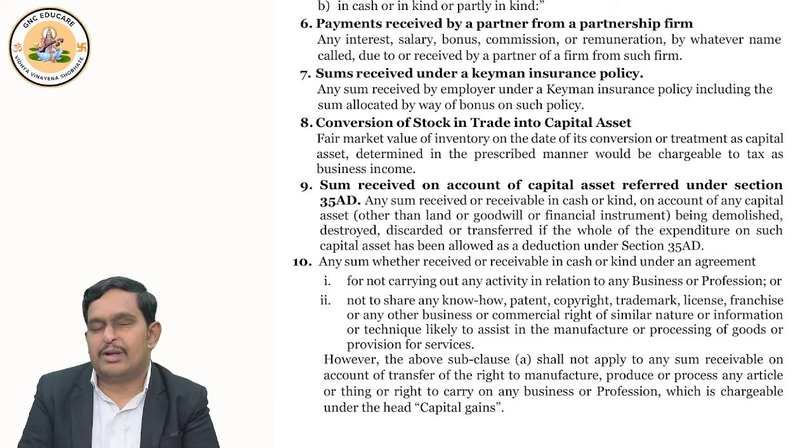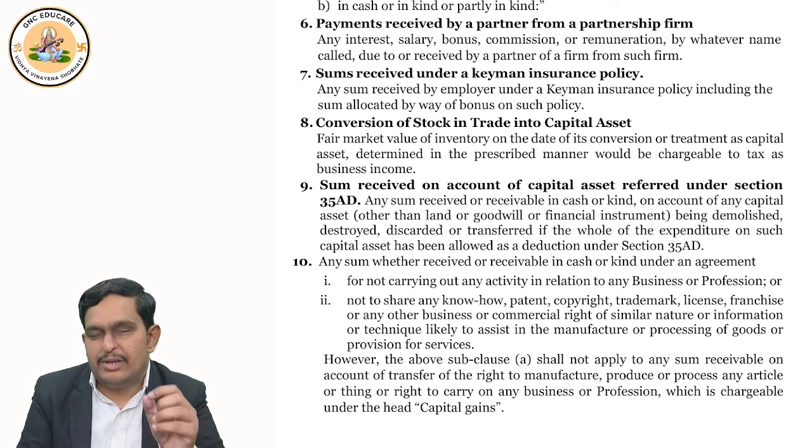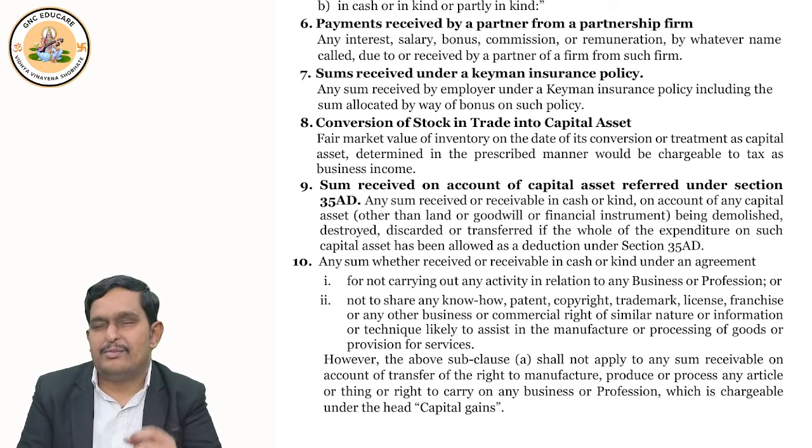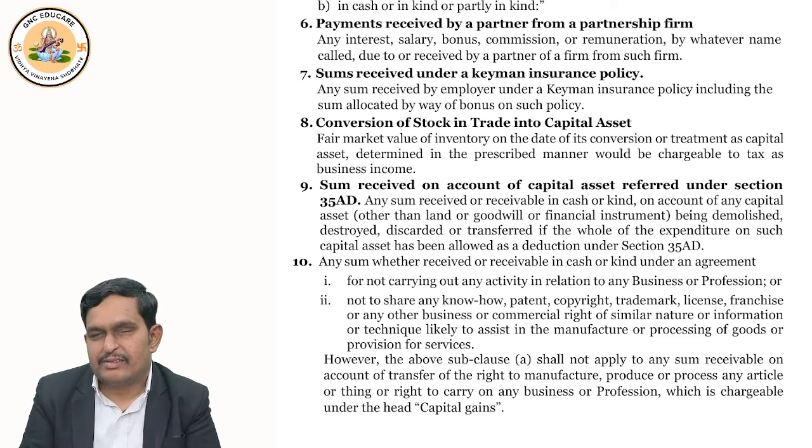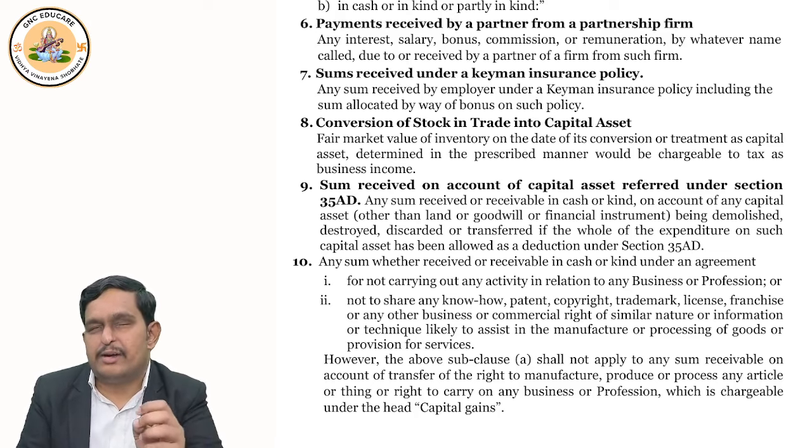Such MOUs, such understandings are there in case of copyrights, trademark, license, patents. So there are so many. So if you are getting some consideration for not sharing the know-how, not sharing the patent, not sharing the copyright, trademark, then that income is also taxed under PGBP. There is one more concept that is called non-compete fees.